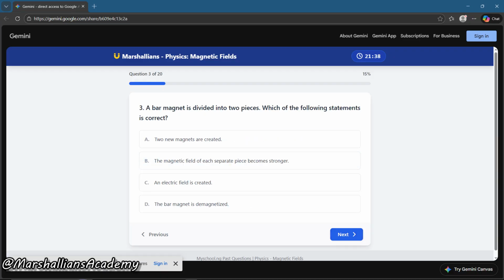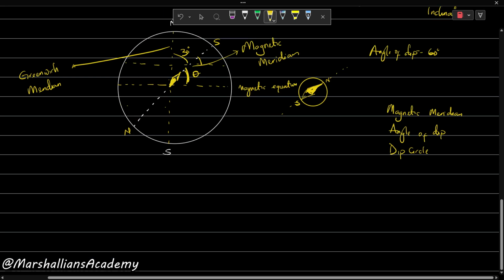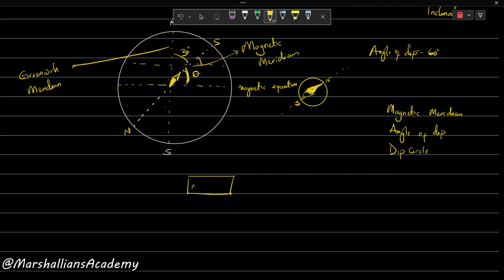And they said a bar magnet is divided into two pieces. Which of the following statements is correct? When I pick up a magnet and divide it into two, let's say this is a magnet, I have the north here and the south. I break it into two, and I end up with two new magnets.